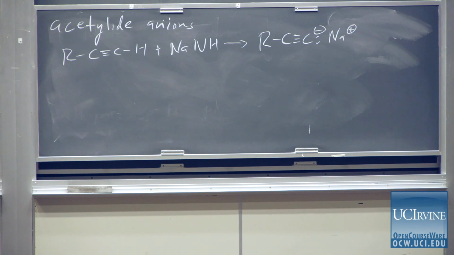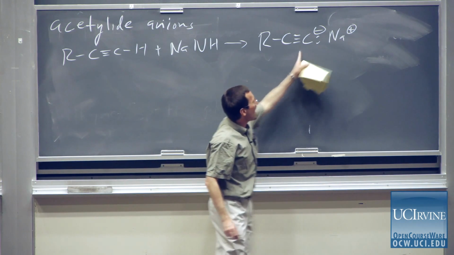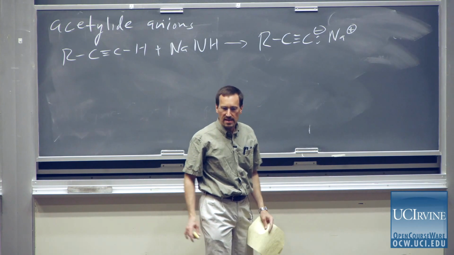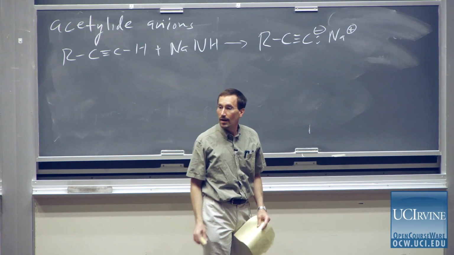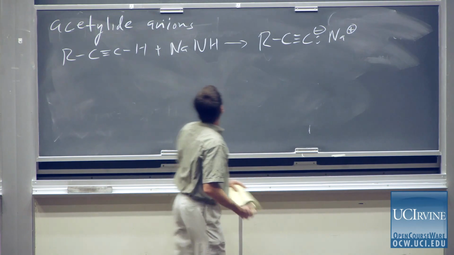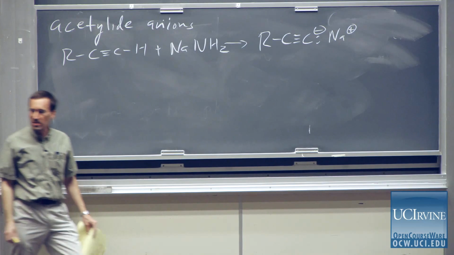Lithium has an electronegativity of 1, sodium of 0.9. By the point you get to organosodium reagents, they're pretty ionic in the bond, so I generally think of these as ionic. Sorry, is it NH2 or NH? Great. NH2. NaNH2 is sodamide.